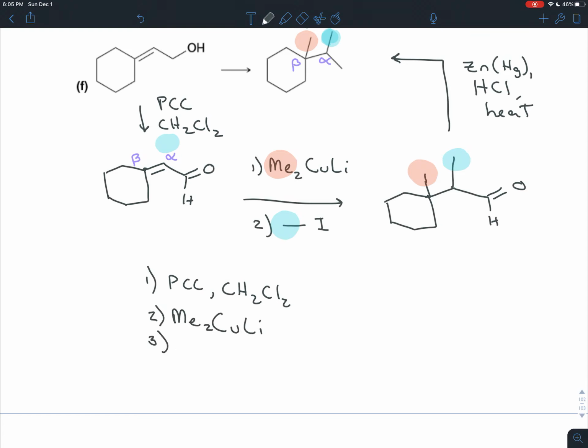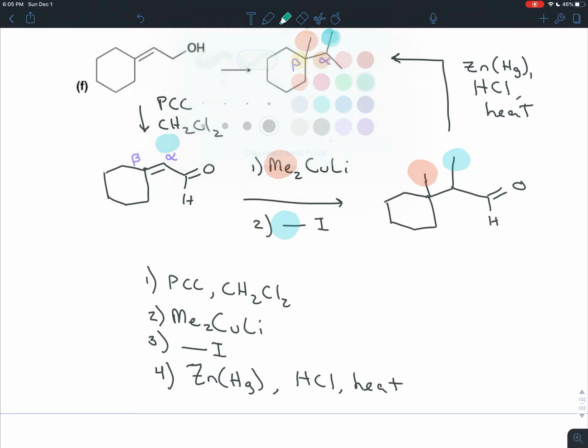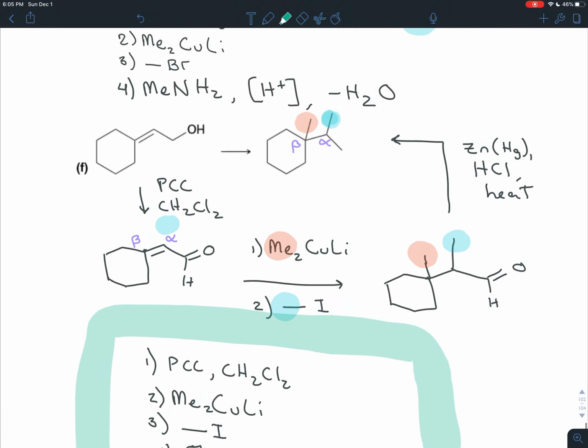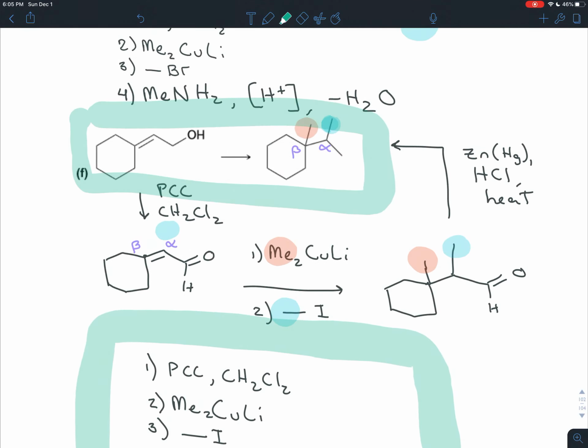You alkylate the alpha position by using an alkyl halide. And finally, we get rid of the carbonyl oxygen by doing this reduction with the zinc mercury amalgam, so smushing those two metals together, and then using HCl and heat. And that recipe will create this transformation.